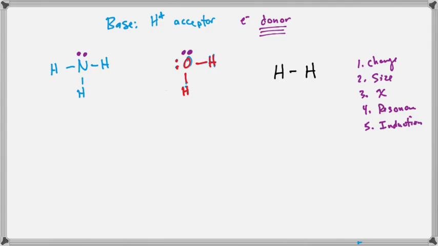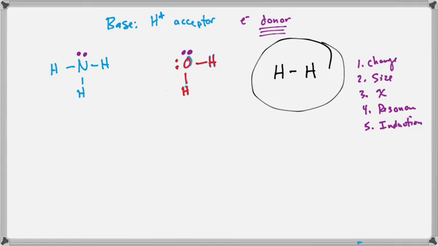Which one is the least basic out of this list? This one. We just went through and said that that was the most basic based off of all these explanations. That must mean resonance or induction is an exception. Do the other two have resonance or induction? Does the H2 have resonance or induction? No. What was the first step?